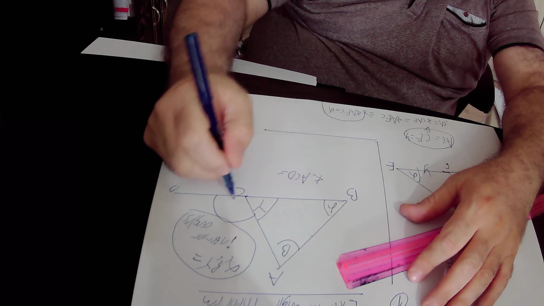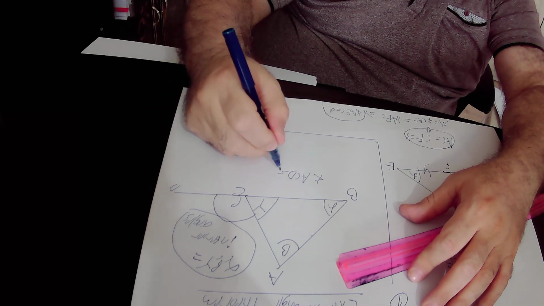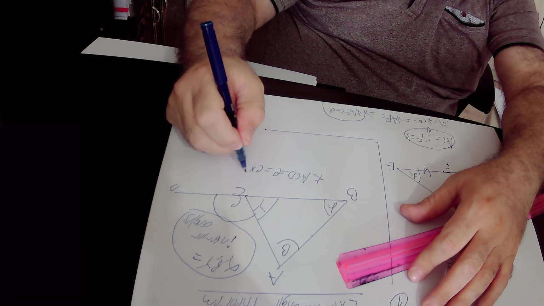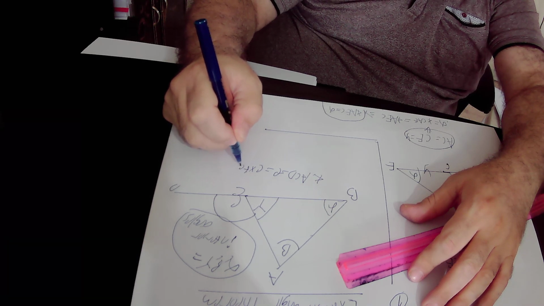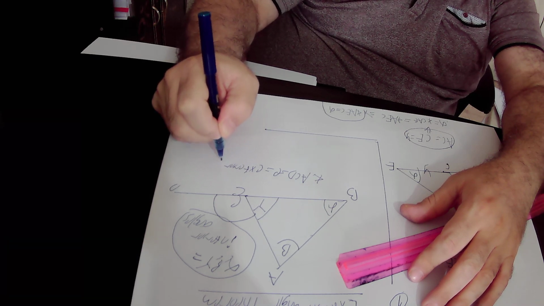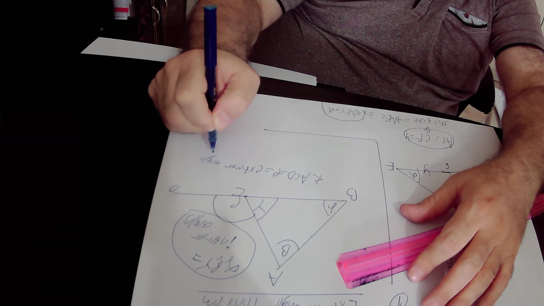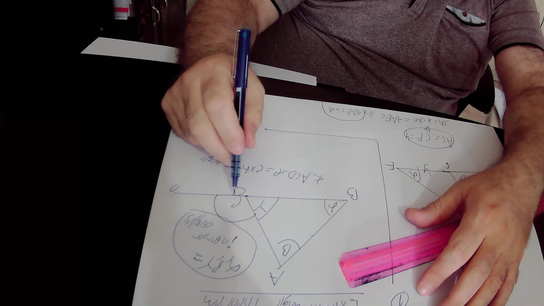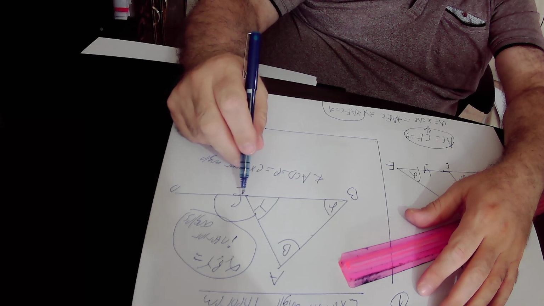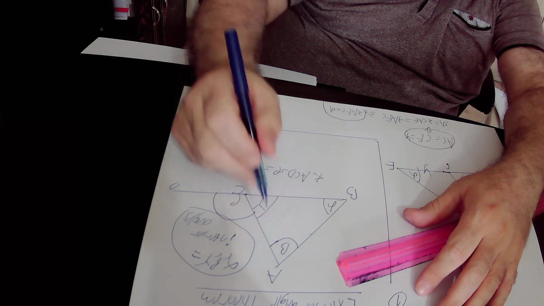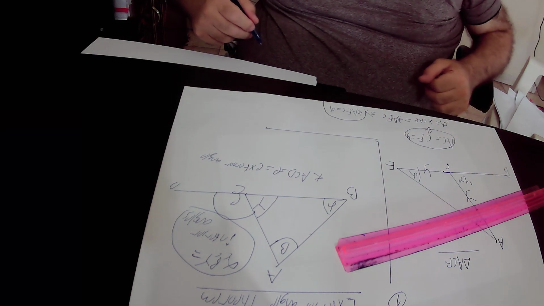We define angle ACD as E, an exterior angle of triangle ABC. The reason that it is defined as an exterior angle is that it is located outside triangle ABC, while the other angles are located inside triangle ABC, therefore they are defined as interior angles of triangle ABC.